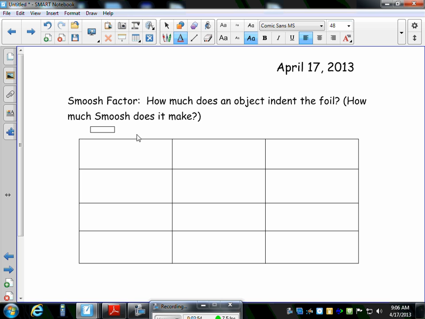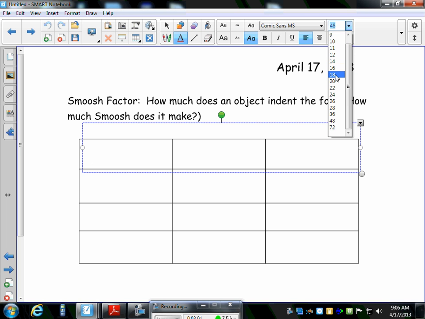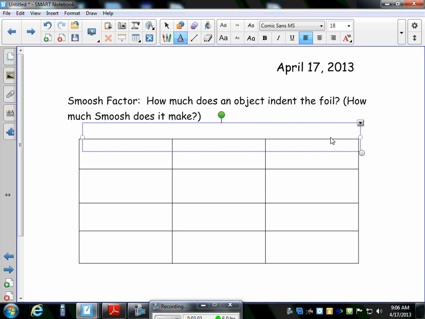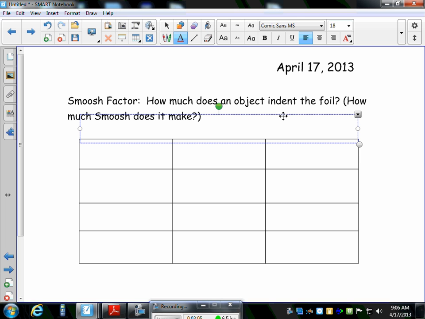So at the top here, we're going to write trial 1, and this is going to be slow. Trial 2, medium. And trial 3, fast.